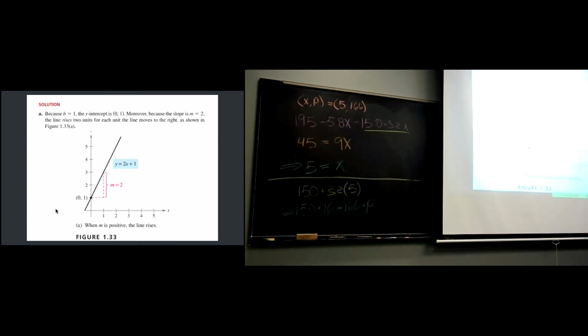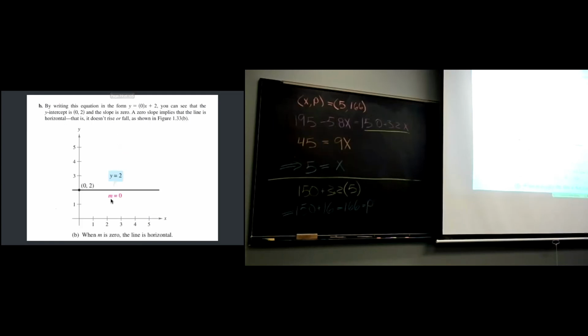So checking out that first graph, we've got a slope of 2. We go up 2 units for every 1 unit over we go. Checking out B, it was in fact that straight horizontal line. It has a slope of 0. So another way to think of this is it's the equation 0x plus 2, right?